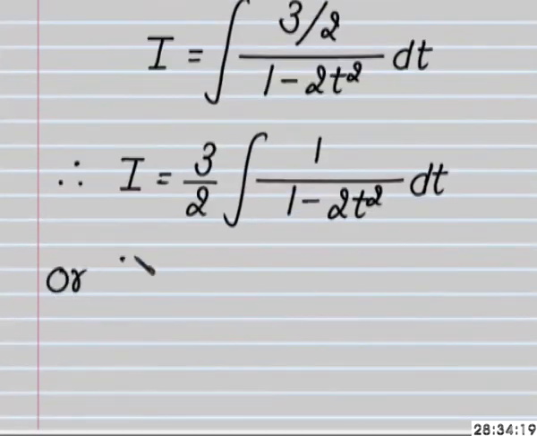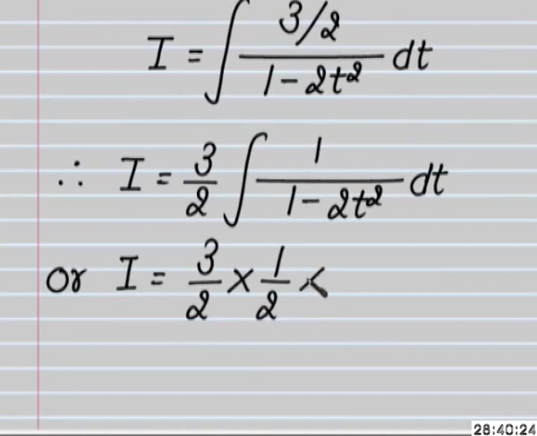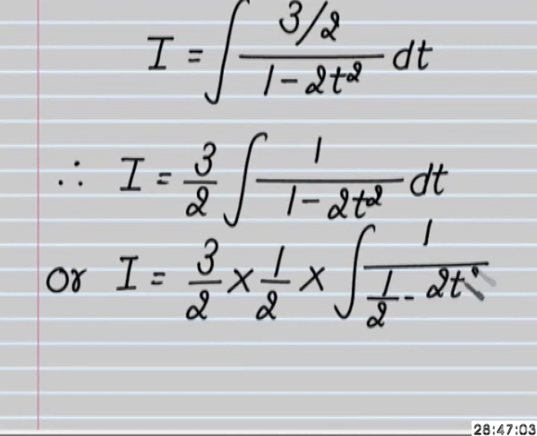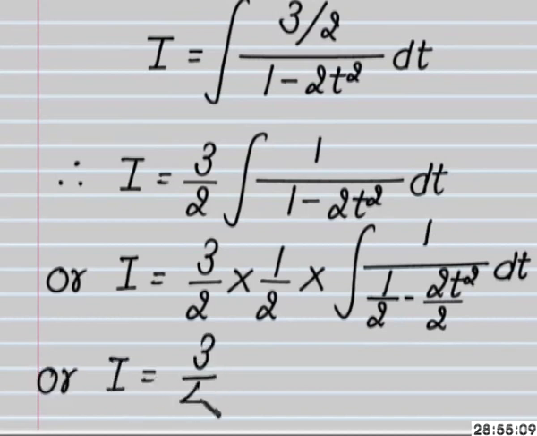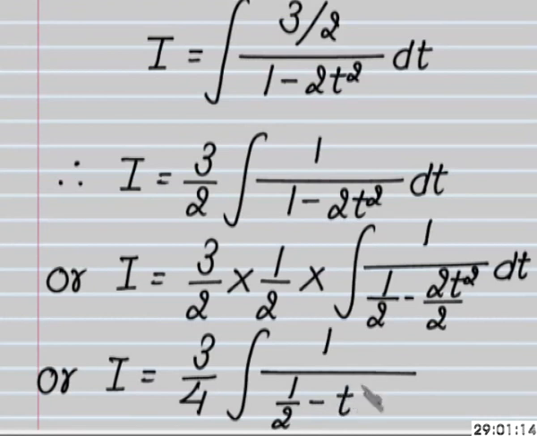Or we can say that I is equal to 3 by 2 into 1 by 2 into integral of 1 upon (2 minus 2 t square) upon 2 with respect to t. Or I is equal to 3 upon 4 into integral of 1 upon 2 minus t square with respect to t.